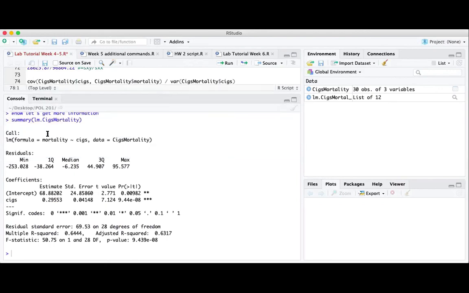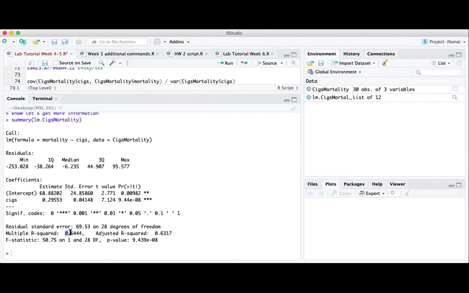So this is what you will get. We briefly saw this last week, and I said that this is the only thing you have to worry about for now, B0 and B1. But you see that you also have R squared. Don't worry about adjusted R squared. Worry about multiple R squared for now. You have a multiple R squared, which is the plain old R squared that we just learned about.